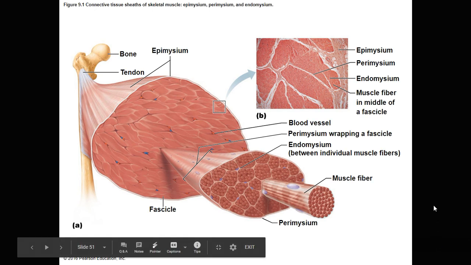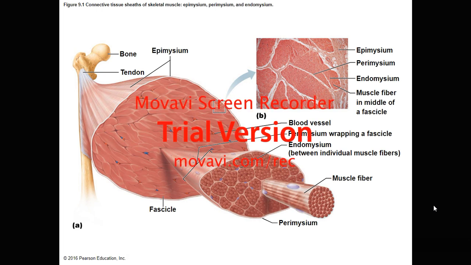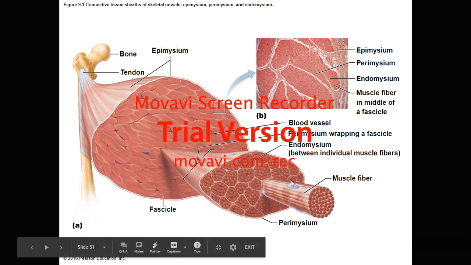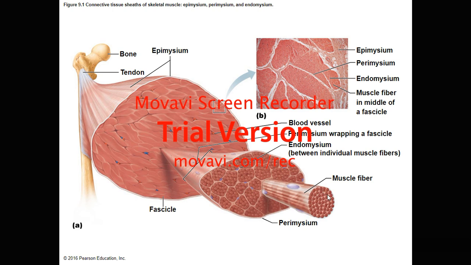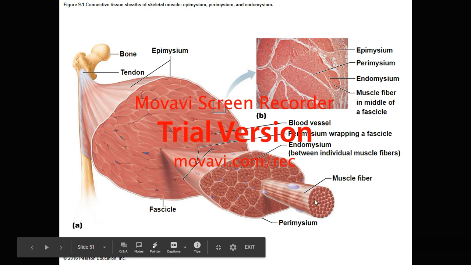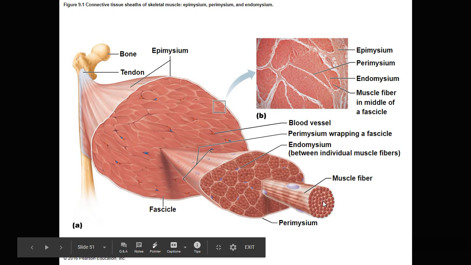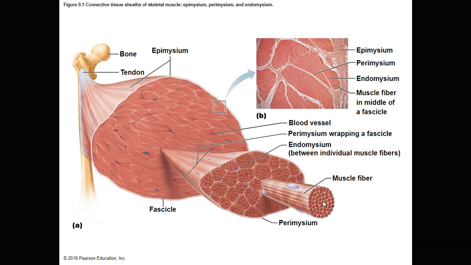All right, so now you have to remember that the muscle fiber is a cell. It's an elongated cell. So within the muscle fiber, within the muscle cell, you have a complex organelle called a myofibril. Within this muscle fiber right here, you have all these little long sticks that you see. These are myofibrils, so they're organelles within the cell. We talked about different organelles already, Golgi apparatus, mitochondria, and so forth.